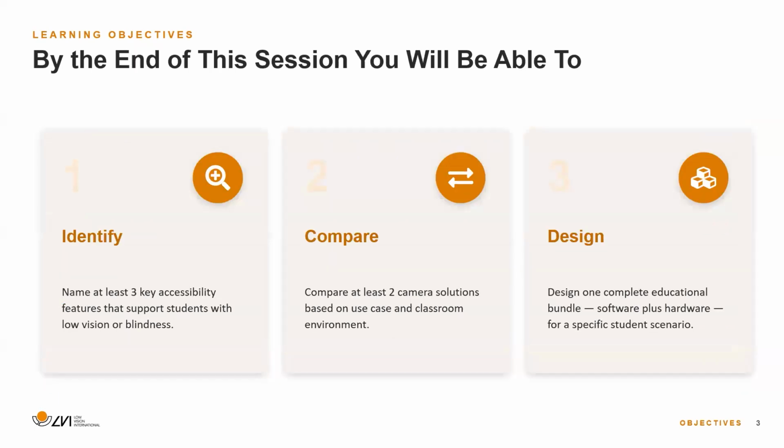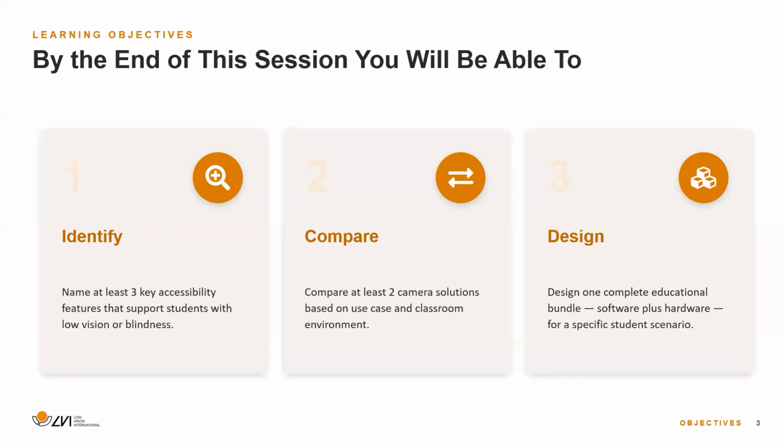Next slide. So this is an ACVREP certified session, so we do have some key learning objectives. By the end, you should be able to name at least 3 key accessibility features that support students with low vision or blindness.